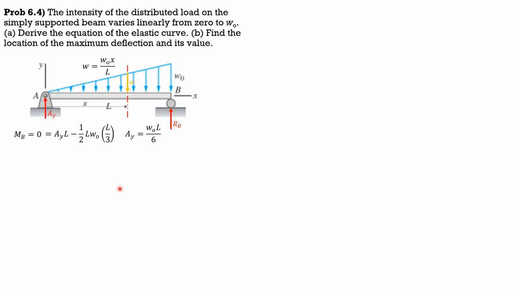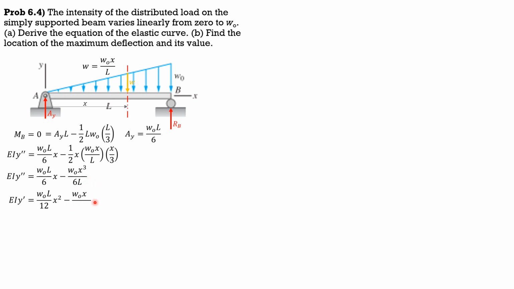So therefore, the differential equation of the elastic curve is EI y double prime equals WOL over 6 times X minus 1/2 of X times W, which is WOX over L, times X over 3, moment arm. Simplifying, EI y double prime is WOL over 6 X minus 1/6 WOX cubed over L. So integrating once, EI y prime equals WOL x squared over 12 minus WOX to the fourth over 24L plus C sub 1.